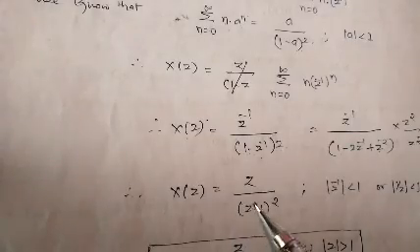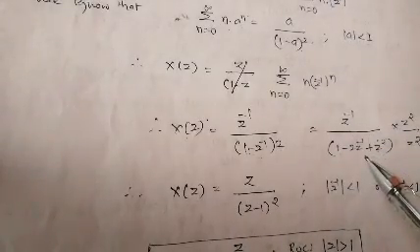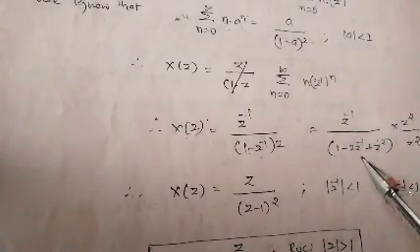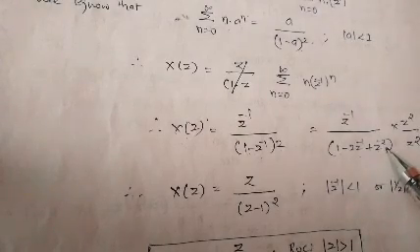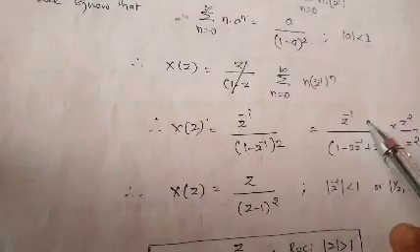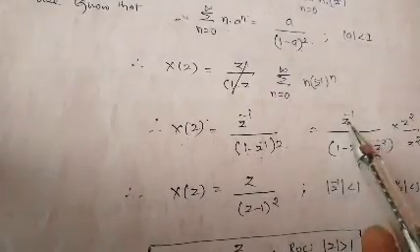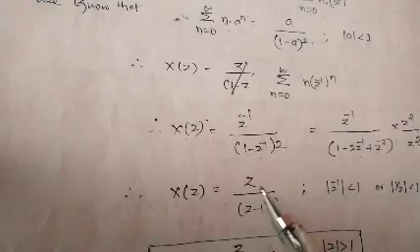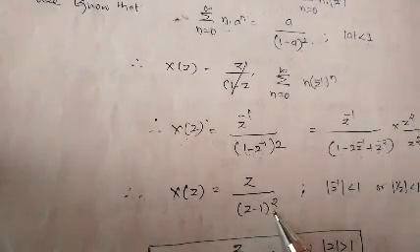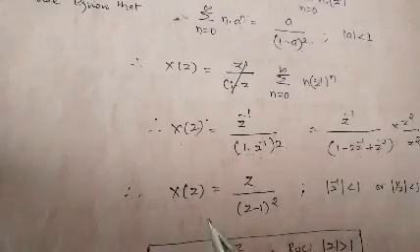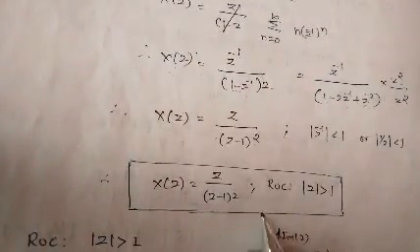Observing the highest power of z, here it is minus 2. Because of that reason, multiply the numerator and denominator by z square. So what we got: z to the power minus 1 times z square, it is z divided by z minus 1 whole square. This is the Z transform of the given sequence.